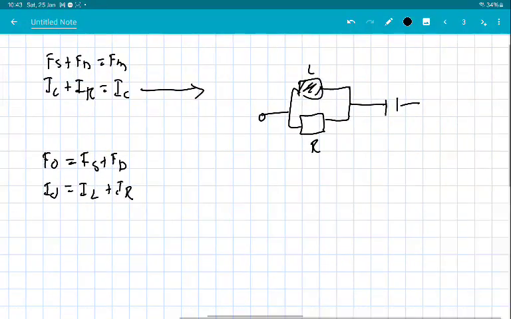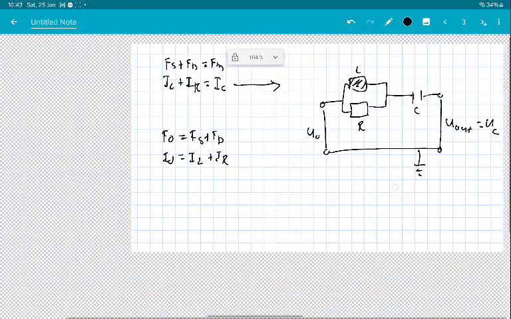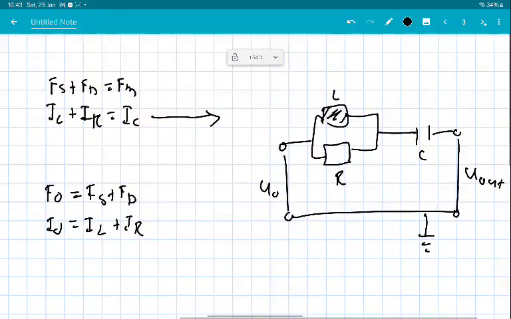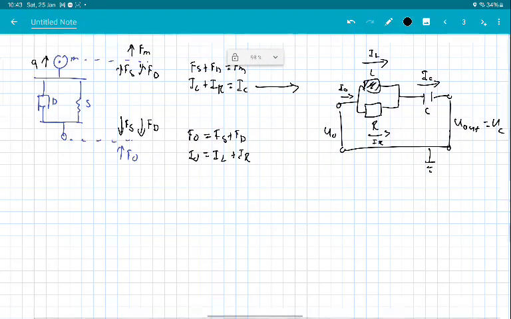So we draw like this. This is C, U0, U out, which is the same as UC. And we have ground. So yeah, this is how it would look. And we can make it a bit better: IC, I0. Yeah, so this is how it would look.